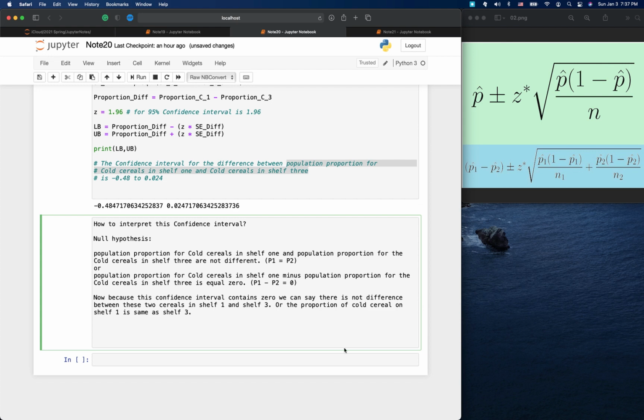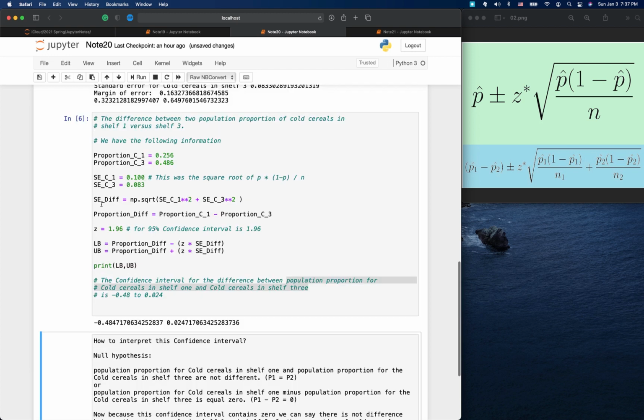This one says there's no difference between the proportions, and this one says the same thing in different words: both proportions are exactly the same.